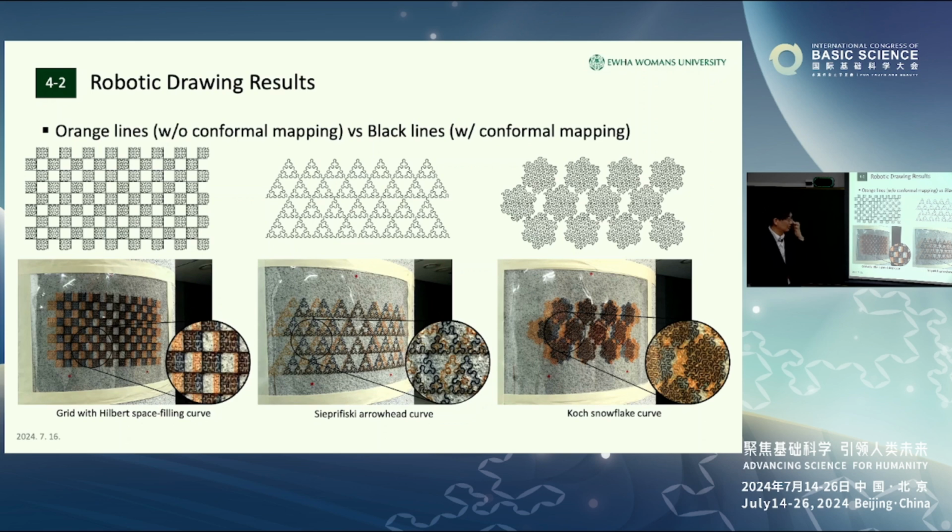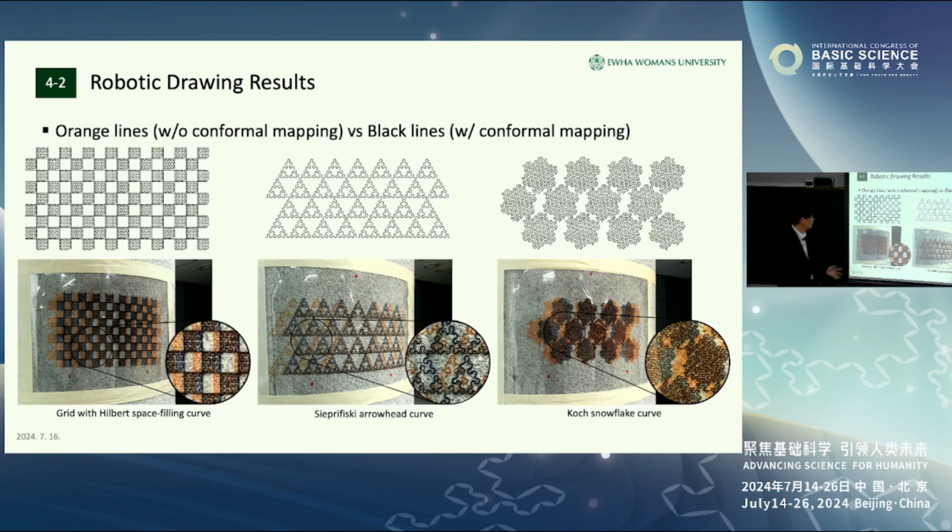Now, this is the result of mapping. So this is the input 2D drawing sequence. In this case, it's some pattern. And this is actually the drawing result on some circular walls.